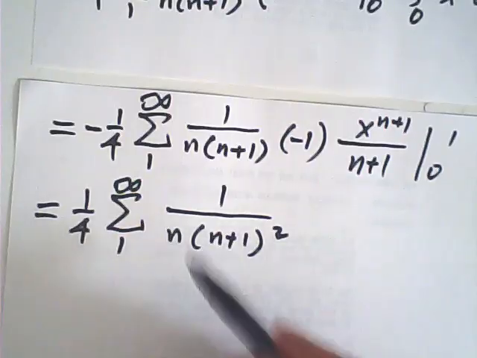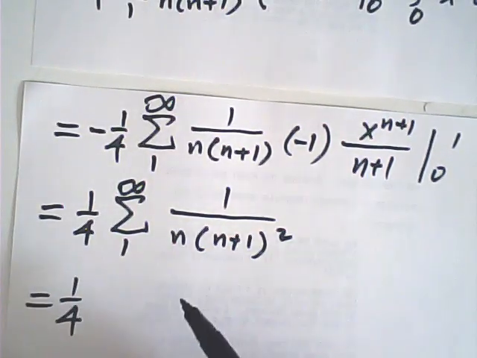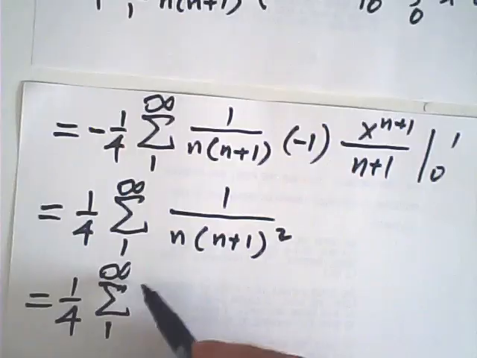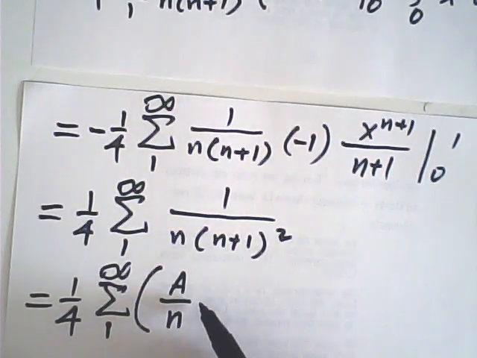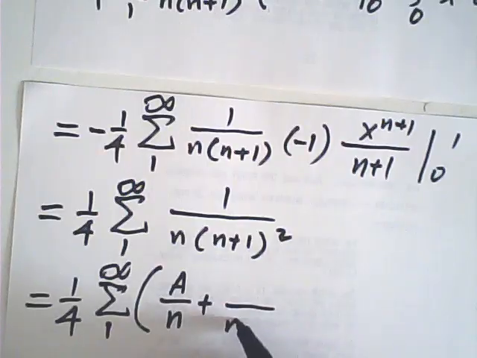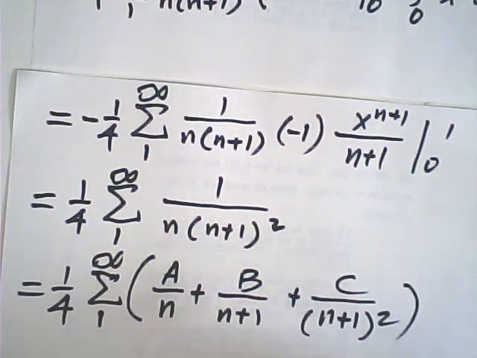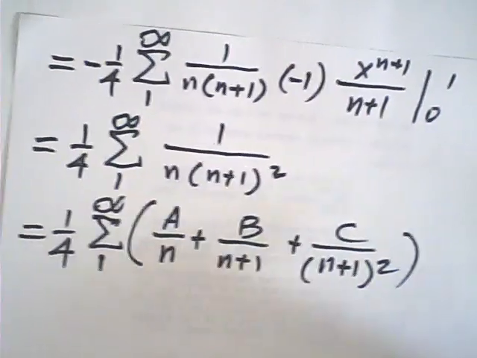Then what? Then here, I'm using partial fractions. Sigma from 1 to infinity, this is equal to A over n plus B over n plus 1 plus C over (n plus 1) squared. Partial fractions.